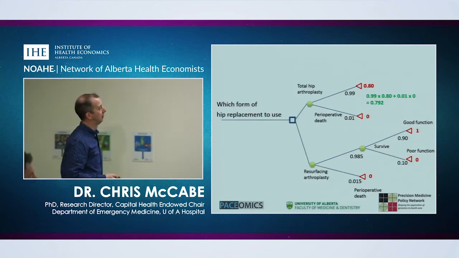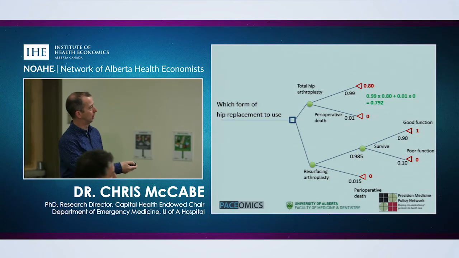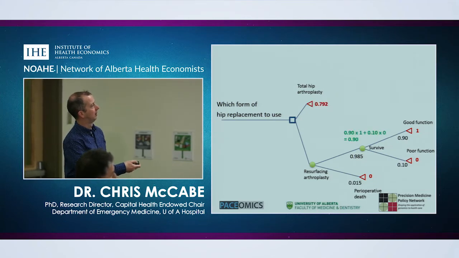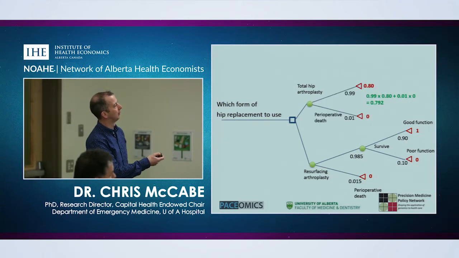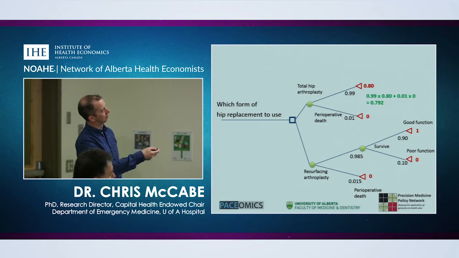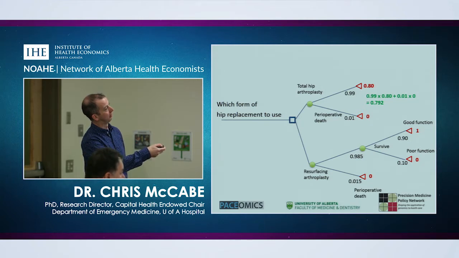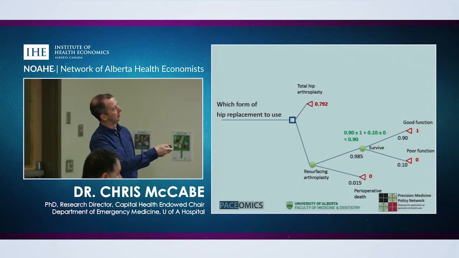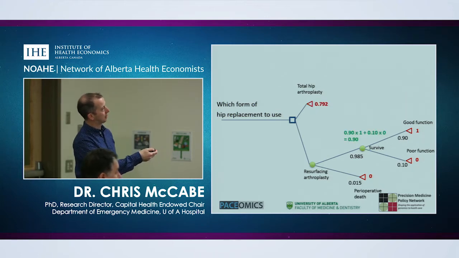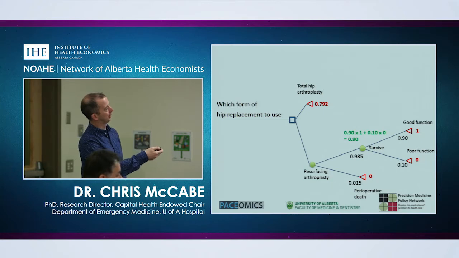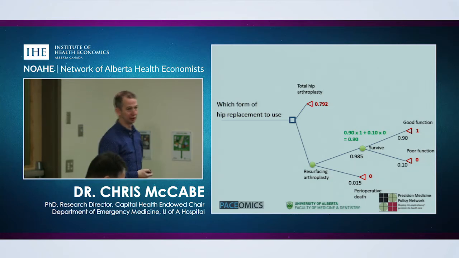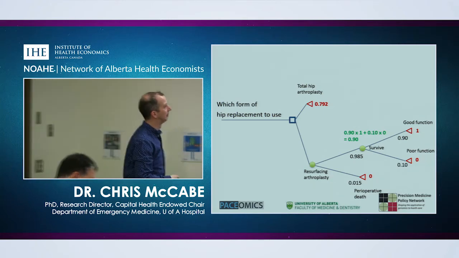So it goes in there. We make the same calculation for the lower one. Sorry, go back one. We can obviously finish rolling back. So we've got 0.99 probability of a 0.8 payoff. We get this plus 0.01 of a 0 payoff. So now our expected payoff for the total hip arthroplasty is 0.792. We've just rolled the numbers back.